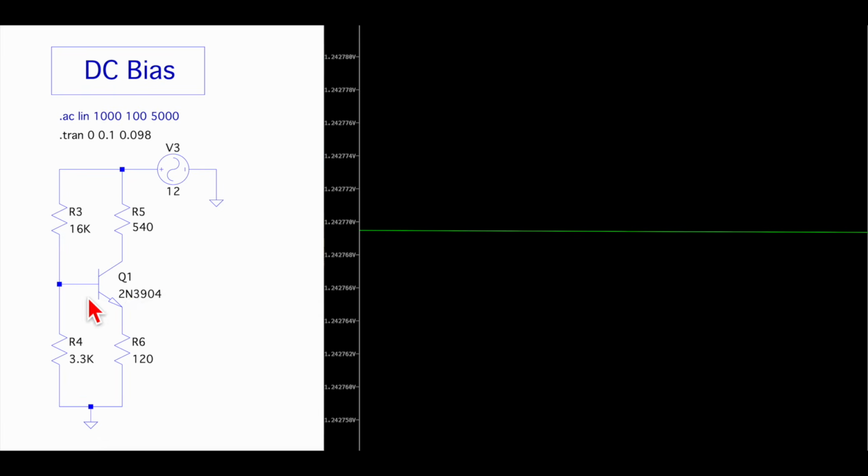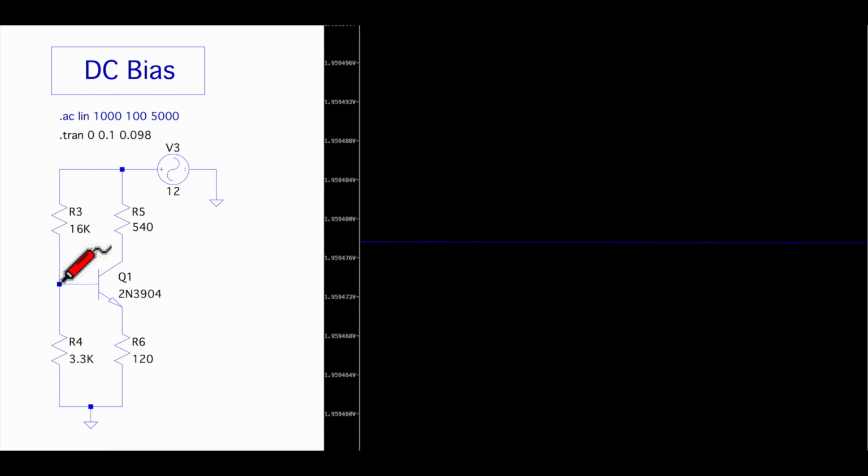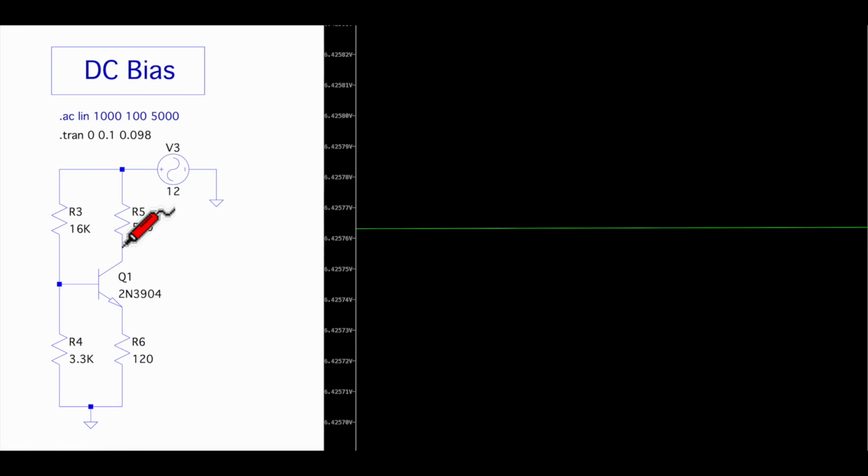Because of the diode drop over the base-emitter junction, we said we should have 1.9 volts on the base, and yeah, 1.95, that's fine. Then finally over here, we were looking for 5.4 volts plus the 1.2 volts dropped here, so we're looking for 6.6 volts. 6.4, that's fine. That's pretty good.